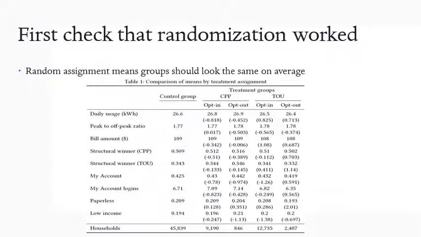So the point here is that the daily usage and also the other variables in this table across the different groups all look fairly similar, which means that the random assignment looks pretty good, and the results from this study can be extrapolated to the rest of the households that the utility serves.